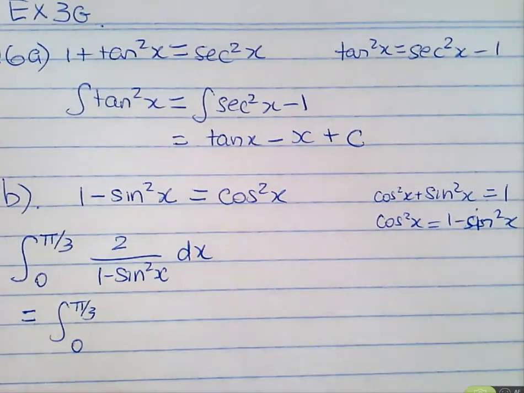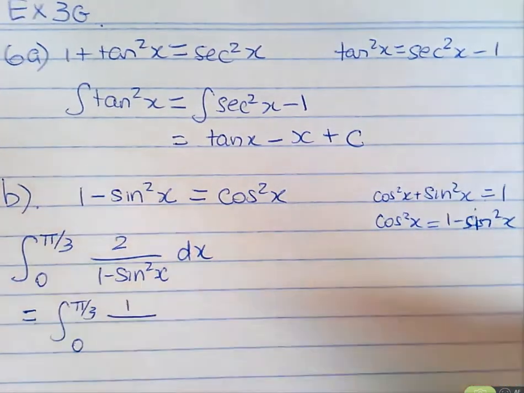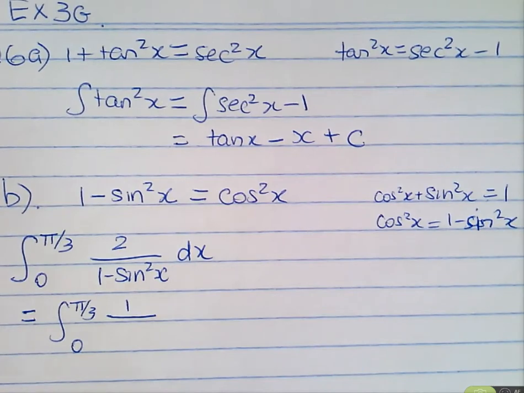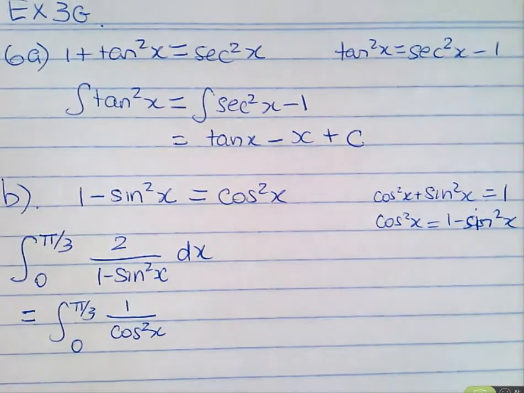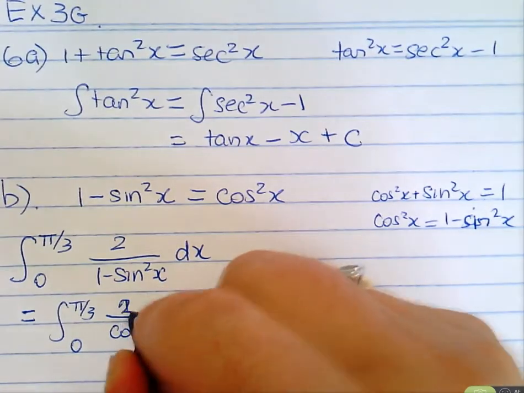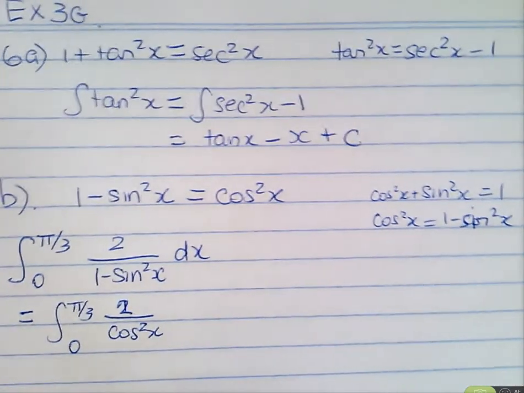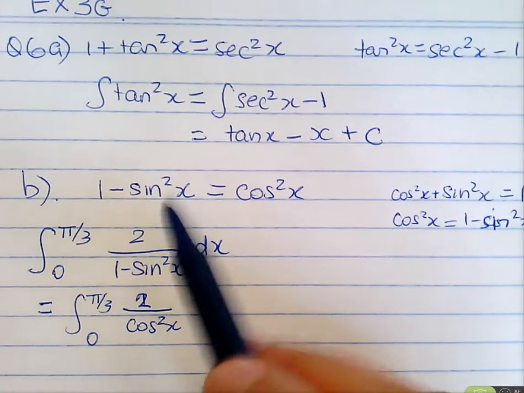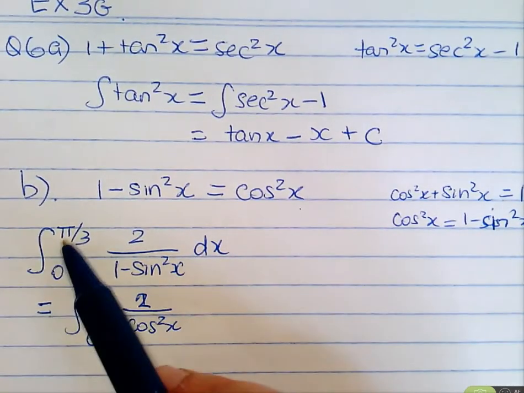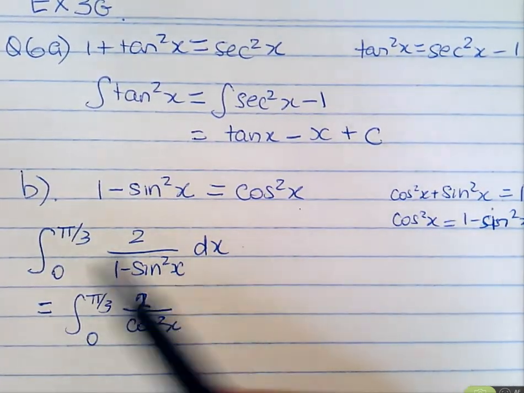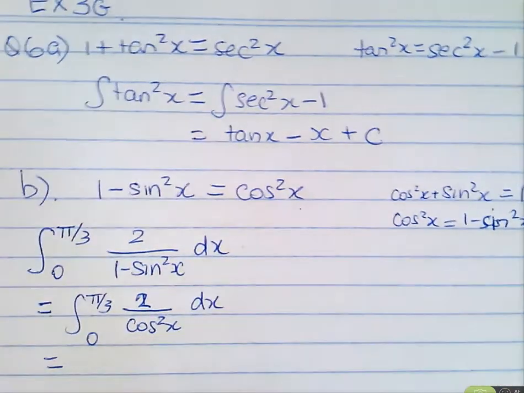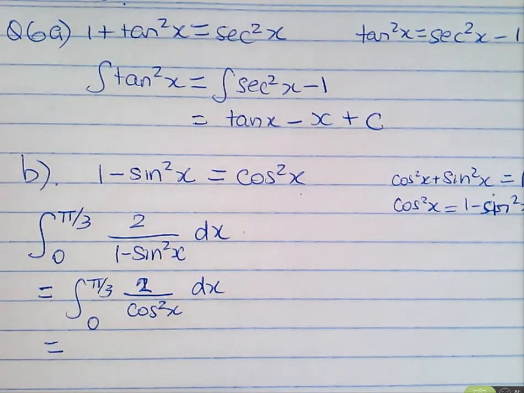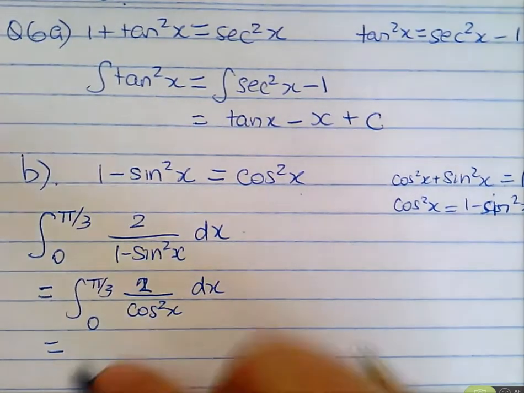What do I replace the 1 minus sine squared x with? They said 1 minus sine squared x is cos squared x, so you can do 2 over cos squared x. You still can't integrate that, girls. I haven't shown you how to integrate 1 on cos. But what does 1 on cos equal?